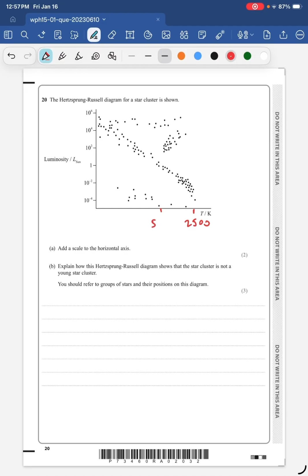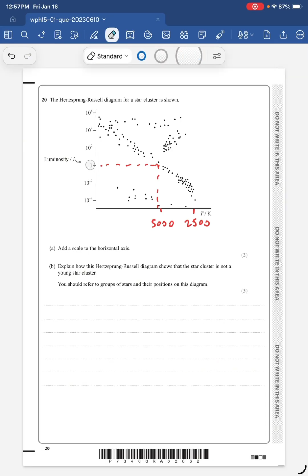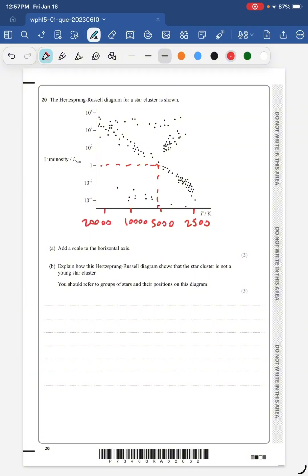The next one is about 5000, where the sun is, and the sun is at 1. The luminosity over the luminosity of the sun is 1 here, so the temperature is about 5000, actually 6000. And the next one in the scale should be 10,000 kelvin, and the last one should be 20,000 kelvin for these guys up there.